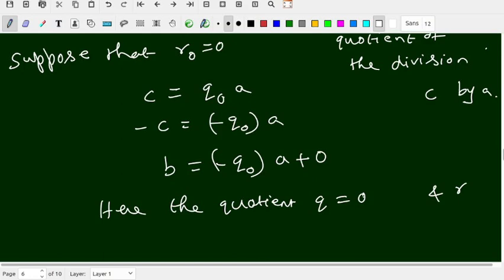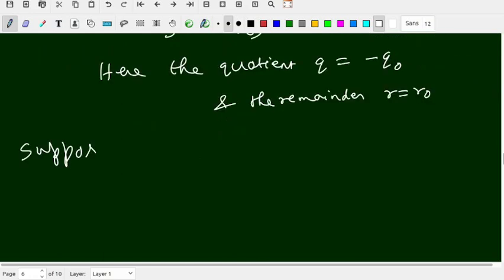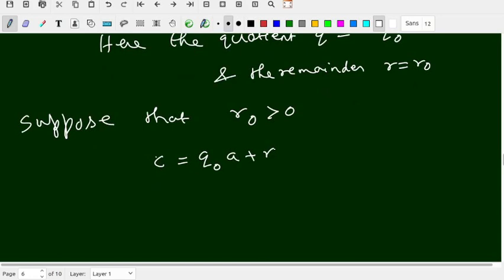Suppose that r naught is non-zero, that is, positive. Then we consider the equation c equal to q naught a plus r naught. Multiply by minus 1 on both sides. We have minus c equal to minus q naught a plus minus r naught.